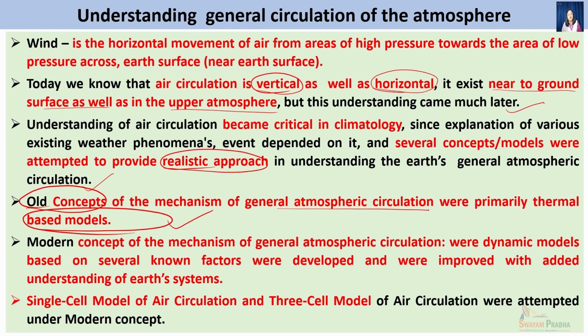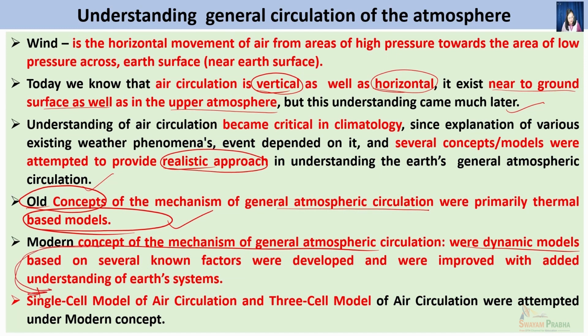Thereafter, as the understanding of the Earth and atmospheric systems improved, the modern concept which defines the mechanism of general atmospheric circulation was developed. And these models are primarily dynamic models which are dependent upon several known factors, and they are constantly improved with the added understanding of the Earth atmospheric system.